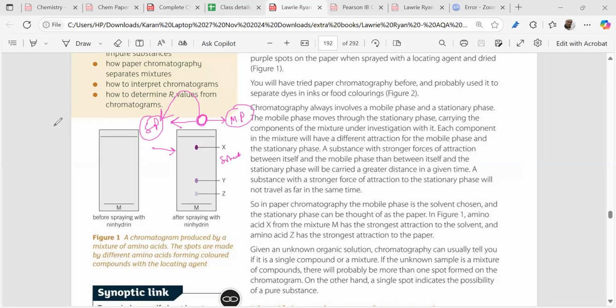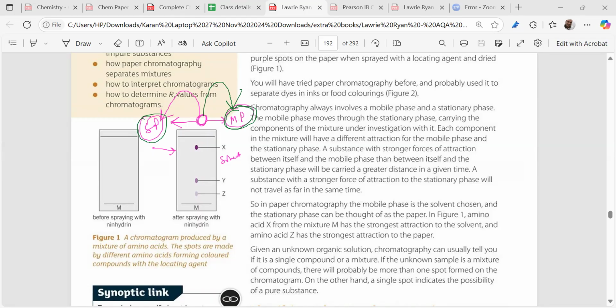Whereas if the solute has more attraction with the mobile phase than the stationary phase, it will be traveling faster. So this differential attraction between the stationary phase and the mobile phase helps the solutes travel at differential speeds, right? And thus we separate out, right?